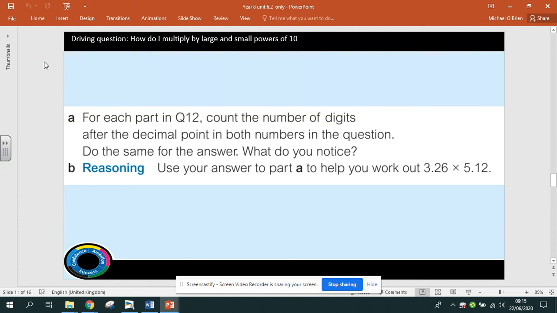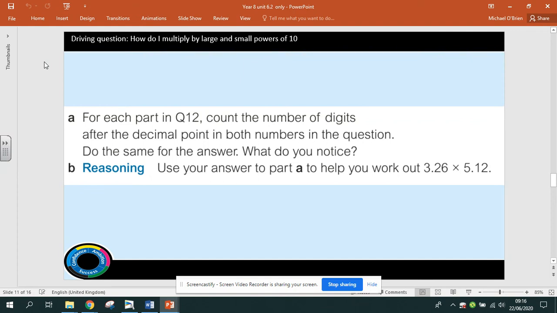Okay, so let's have a look at this for this question. For each part in question 12, count the number of digits after the decimal point in both numbers in the question. Do the same for your answer. What do you notice?